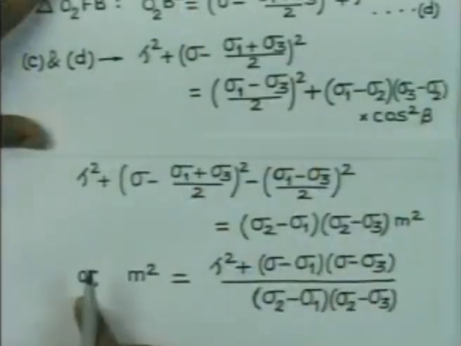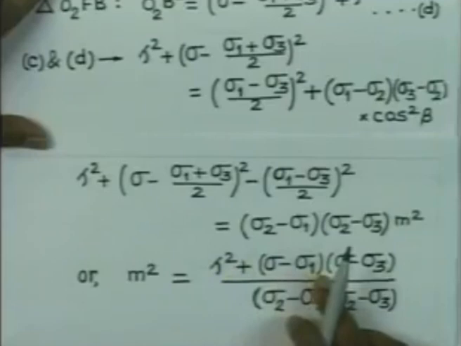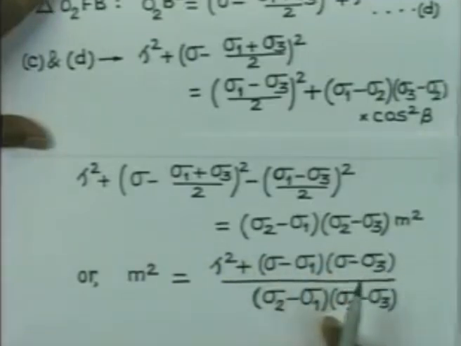This can be further written in a simplified form, and on rearrangement we get m square equal to tau square plus sigma minus sigma 1 into sigma minus sigma 3 into sigma 2 minus sigma 1 into sigma 2 minus sigma 3.